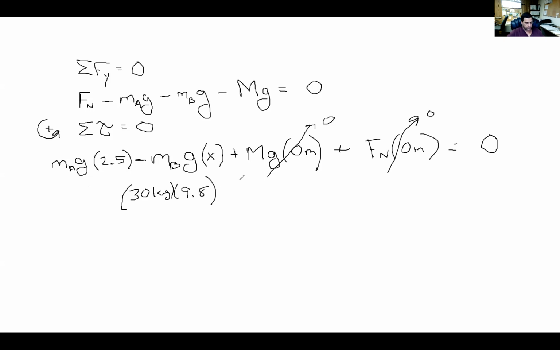I'm going to bring this over to the other side. And child B is 25 kilograms times 9.8 times x. Well, now I want to solve for x.